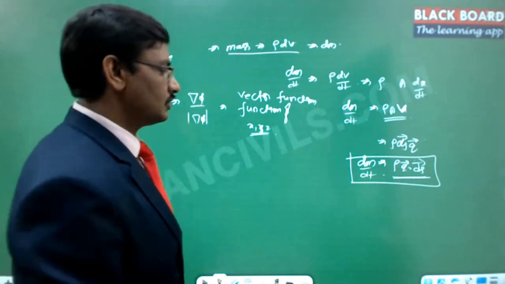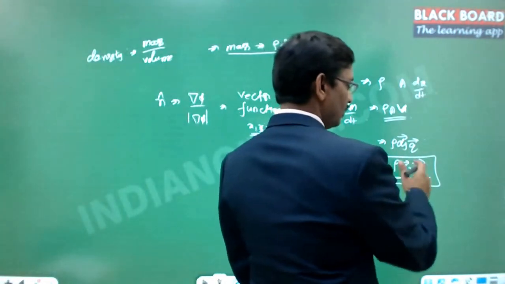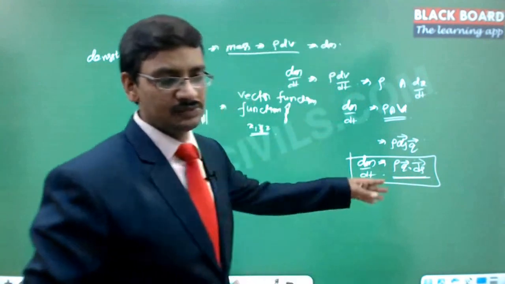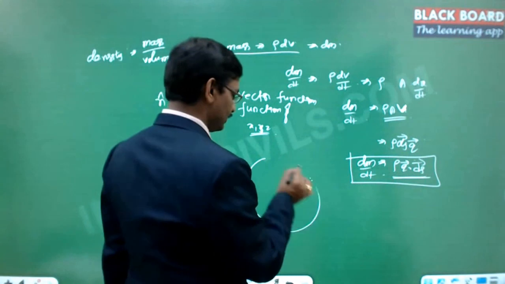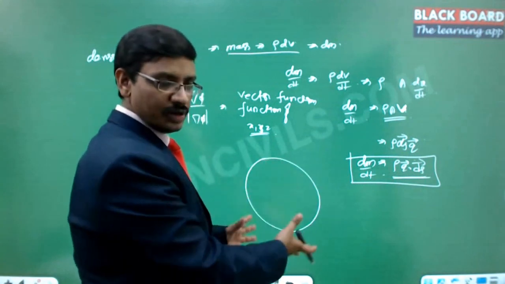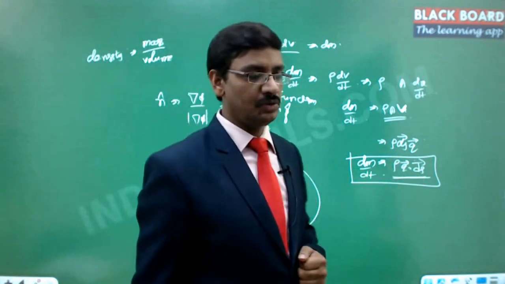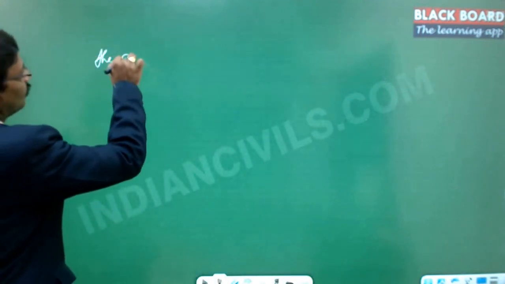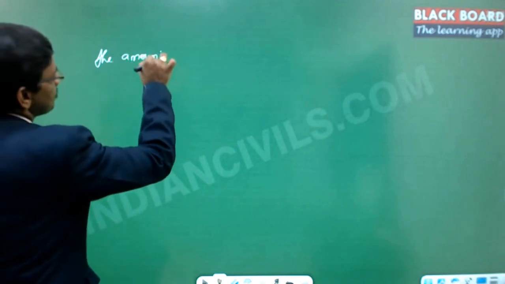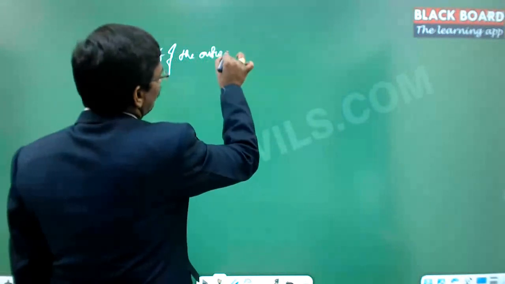Finally, we are talking about the rate of flow, which is rho into q dot ds. This is for an elemental surface area that we have considered. Now we have a bigger surface area, and we want to take care of every area. For that we take the integral of this. So the amount of the outward flow, the amount of the outward flow.